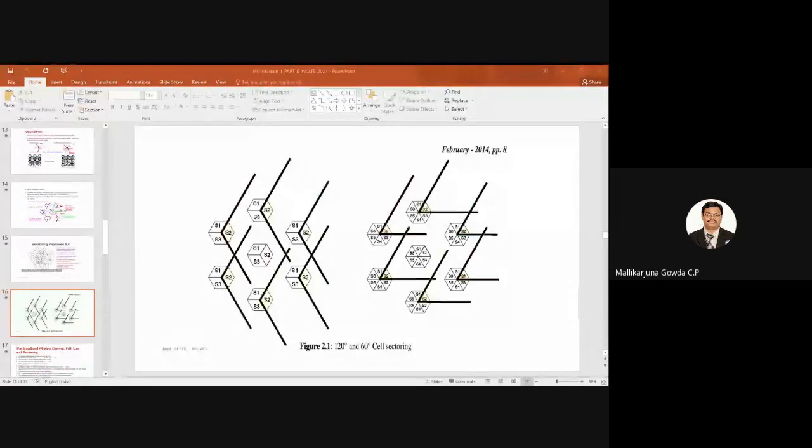This signal will be going in this direction, and this is also going in this direction. So only one co-channel cell will be interfering with the center cell. So there will still be an improvement in the signal to interference ratio with 60-degree sectoring. But the other challenges are frequent handoff and other things. That is the difficulty.